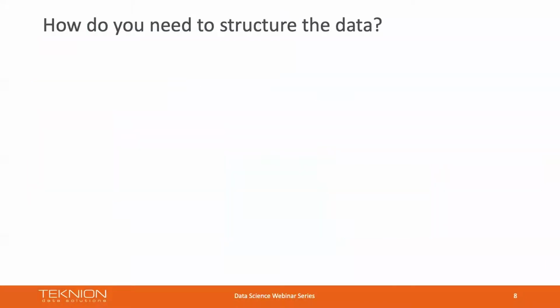Okay, so let's start with this. How do you need to structure your data if it's going to be analyzed? The first is you need what we're going to call completely filled data.